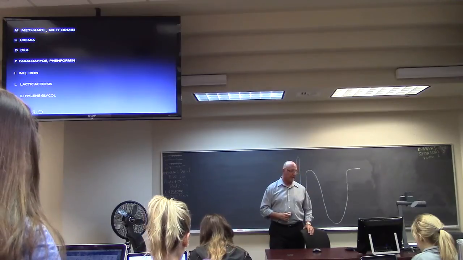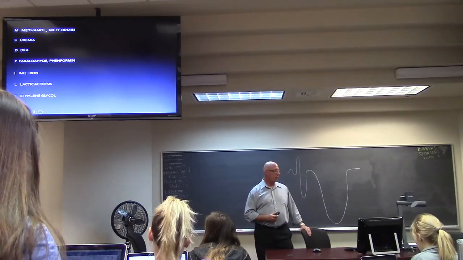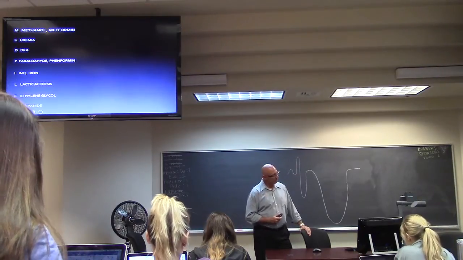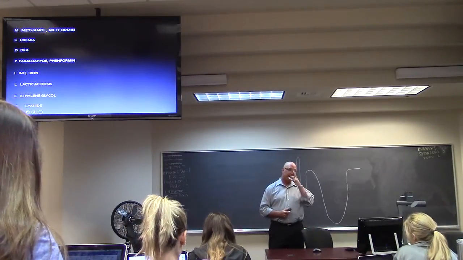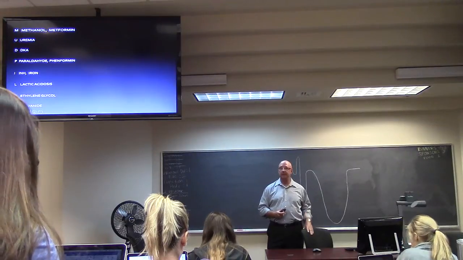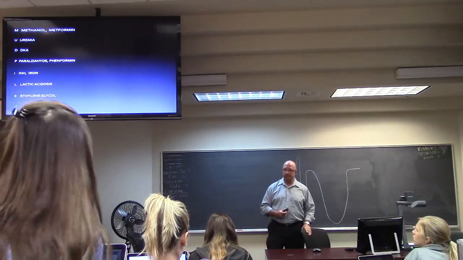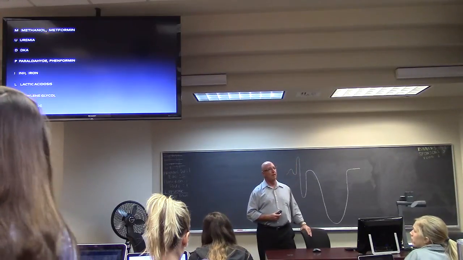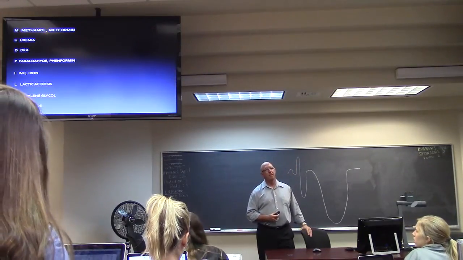E, ethylene glycol. I'll talk about that when I go with methanol in just a second. C, cyanide. How are we gonna diagnose that? And you just almost can't, unless you're in a special population of people.